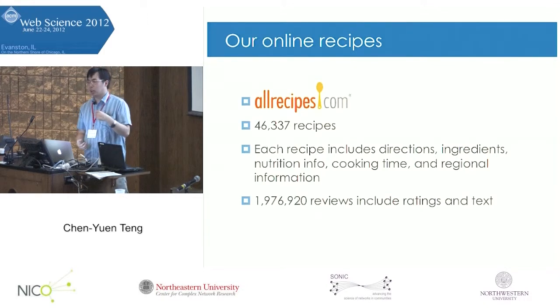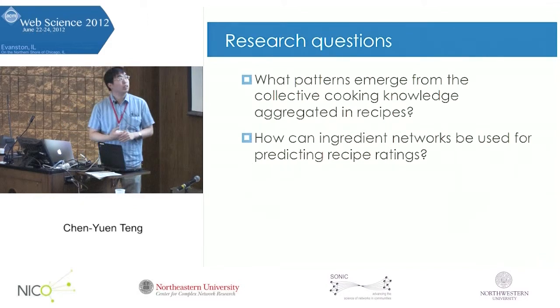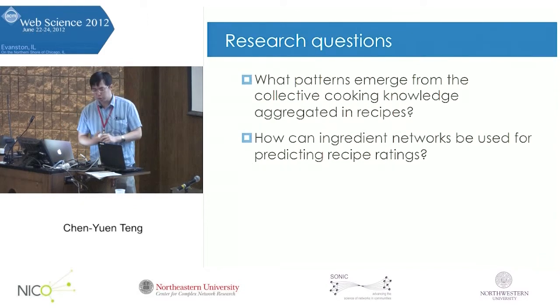We got recipes from allrecipes.com, and we crawled all the recipes, including cooking directions, ingredients, nutrition information, and lots of other stuff. We also crawled all the user reviews. Now we want to ask two big research questions.